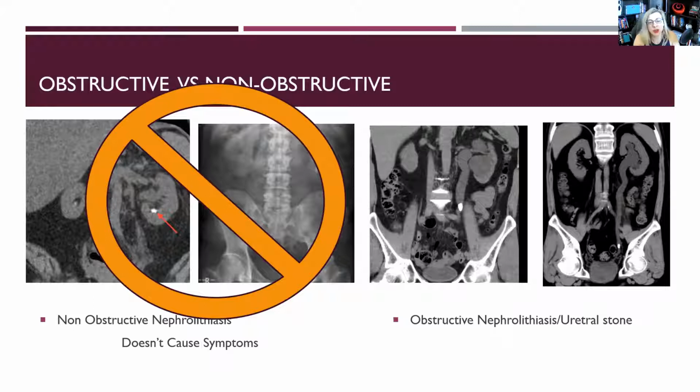But imagine the urethra, the tube that goes from your bladder to your exit hole. And that is about the size of a regular straw, right? A McDonald's straw when you get a Diet Coke, right? So it's not the biggest, but it's also not the smallest. In comparison to this McDonald's straw, the ureter is actually about the size of a coffee stirrer straw.